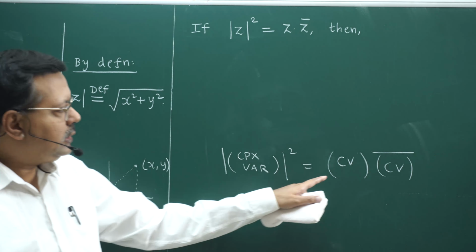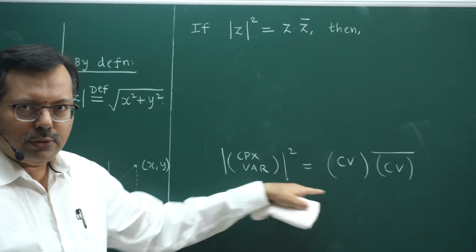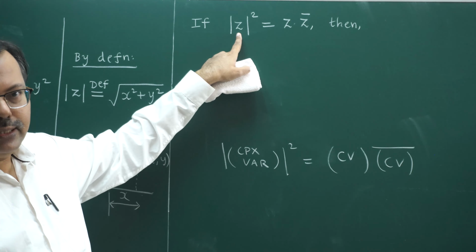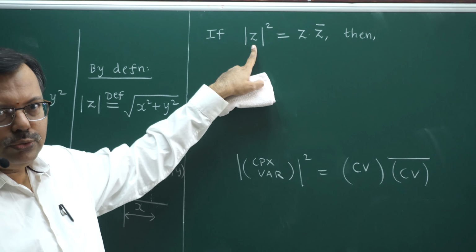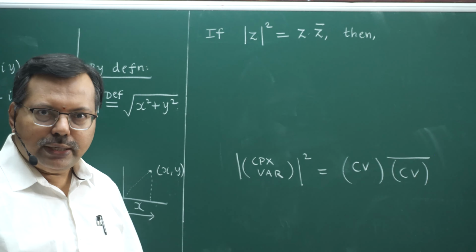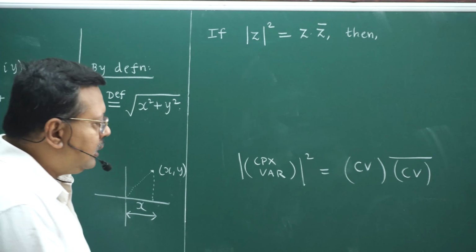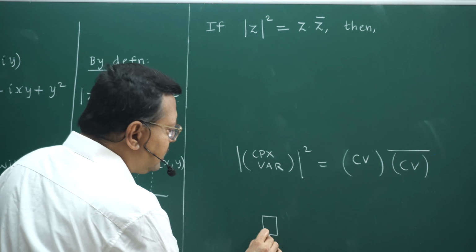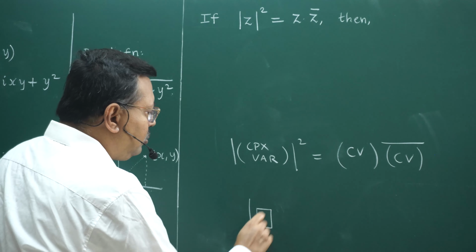So you see this is a complex variable that you have, and this is the complex conjugate of that. This product is what you have to remember, not just z here. You cannot expect z every time; anything else can be there in place of that. That's why this quantity inside the bracket is what is called a black box. Some box is there, I don't know what is inside.